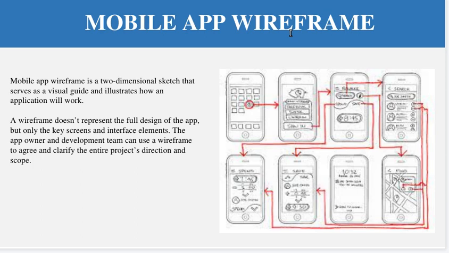So basically a wireframe is a document that tells you the design of the application, like where should be the button, where should be the drop downs, and what is the application flow. And normally we make the application wireframes and get them approved from the customer as well before starting the development, so that everyone is on the same page. Even the customer and the development team are on the same page.